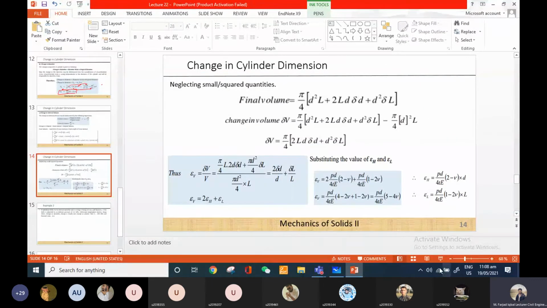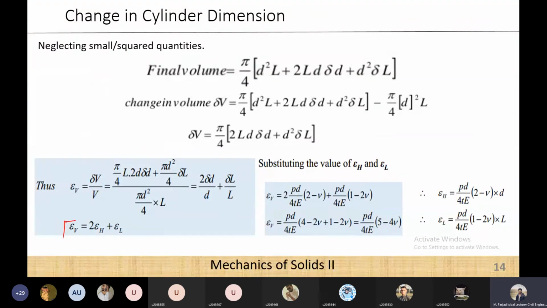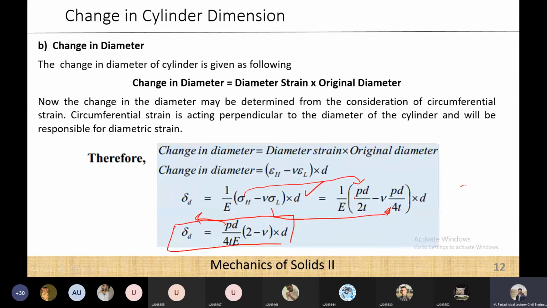Now if you look into this slide, this was the equation that we just derived, and I have the direct relationship for epsilon H. Now if I substitute this relationship of epsilon H and epsilon L into this equation, I will have this equation which I have written over here, that is PD over 4 TE into 2 minus nu, and for epsilon L I have this one, PD over 4 TE into 1 minus 2 nu, which I just derived over here.